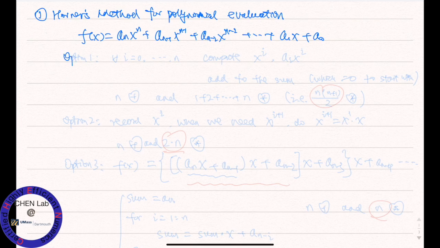Option 1 is probably the most naive way: for any given i from 0 to n, we compute x to the i, and then we compute a_i times x to the i, and then add to the sum, which is 0 to start with.